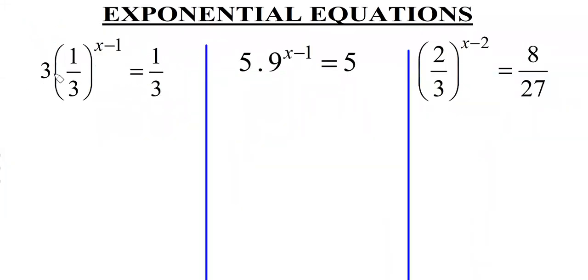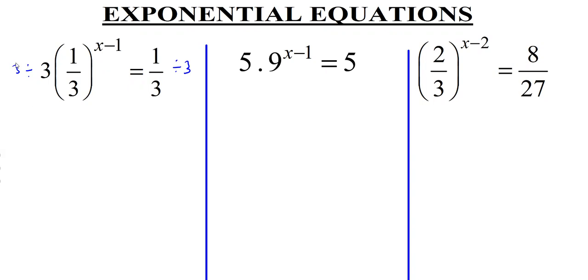We've got 3 in bracket, 1 over 3 to the power of x minus 1 equal to 1 over 3. So how do we deal with this now? If we divide here by 3, we also divide there by 3.